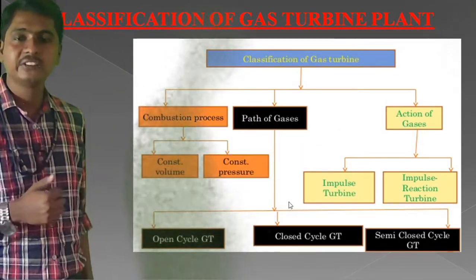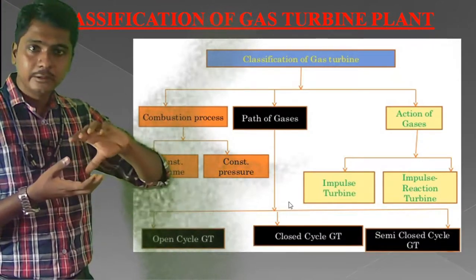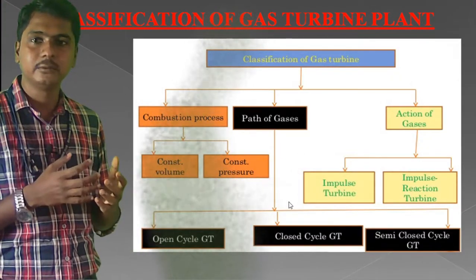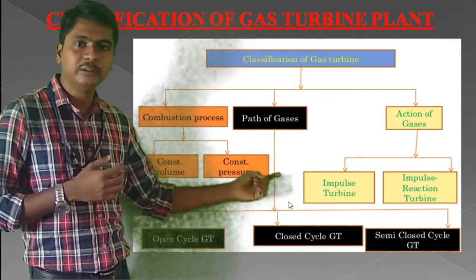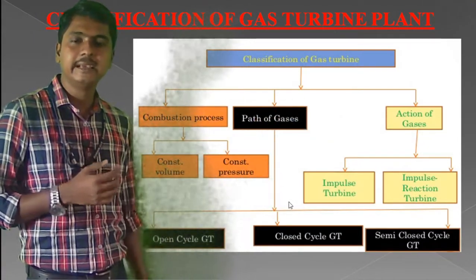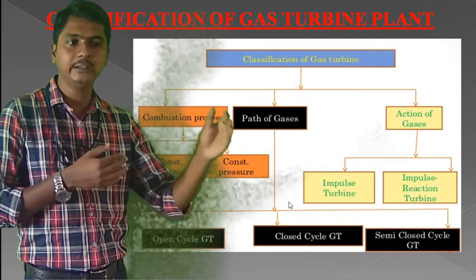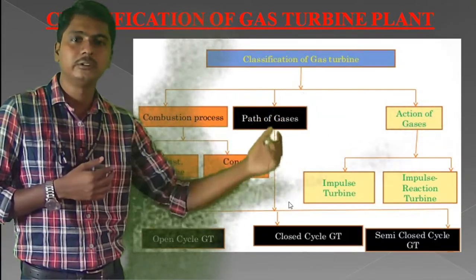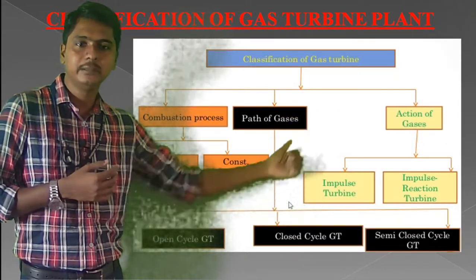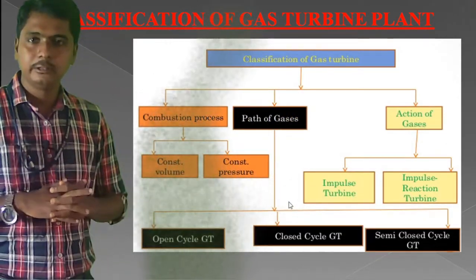This is one more category. The last one is based upon the action of gases. It will be an impulse turbine or a reaction turbine, meaning what kind of turbine you use to get the mechanical work output. Based upon that, it will be an impulse turbine or a reaction turbine.